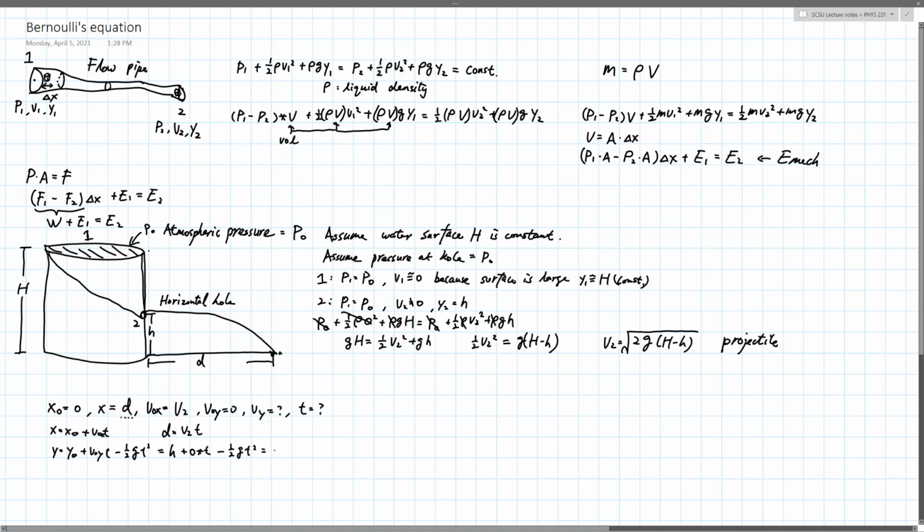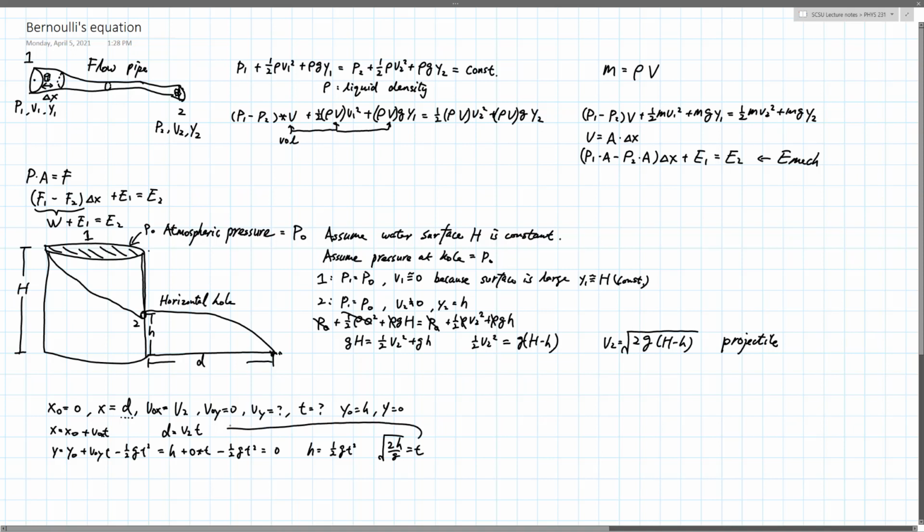So y0 is h and y is 0. What this equation gives us is h equals 1/2 g t squared, or t equals the square root of 2h over g. Now I can take t and plug it into the d.